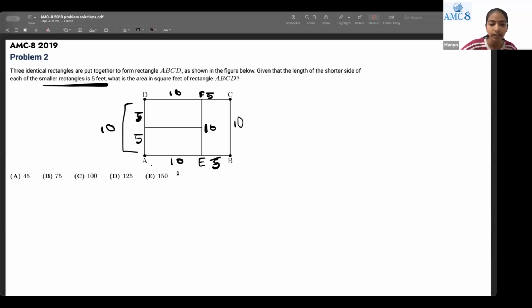What's the total length of AB? Well, the total length of AB would be equal to AE plus EB, which is equal to 10 plus 5, which is equal to 15. And so we figured out the length of AD and AB.